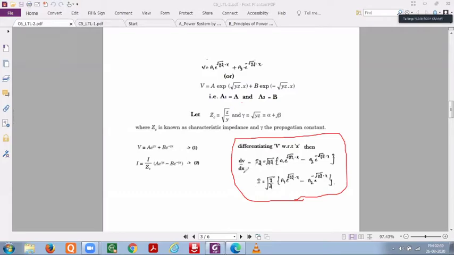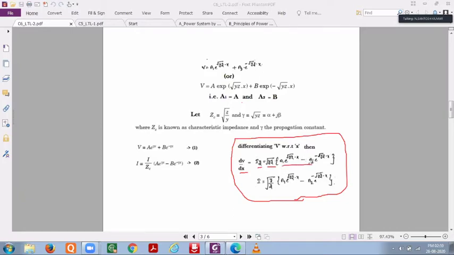When I differentiate this with respect to x again, that will become dV by dx, which is equal to minus I Z. If I simplify that, I'll get root YZ, brackets A1 e power root YZ into x. This is minus because this is e power minus, so we'll get it minus.